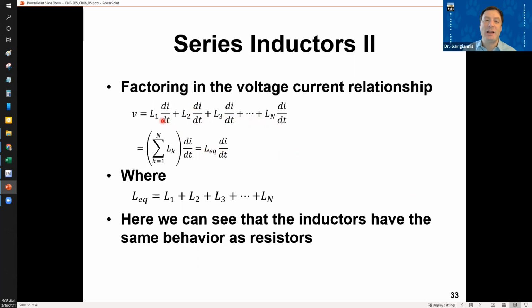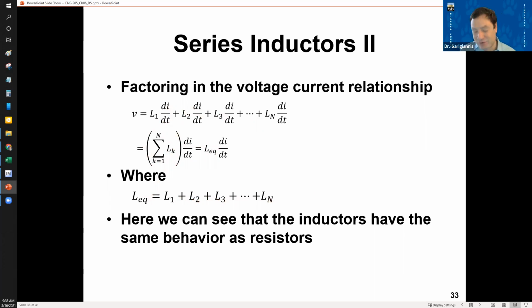So basically you can factor out di/dt, because it's the same di/dt throughout, and it's just the sum of the inductances. So the equivalent inductance is just the sum of all the series inductances. So inductors behave the same way as resistors.